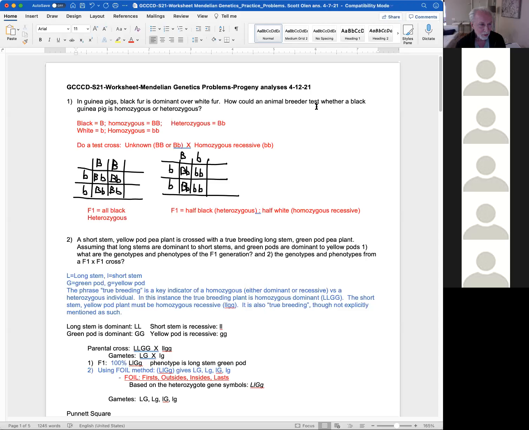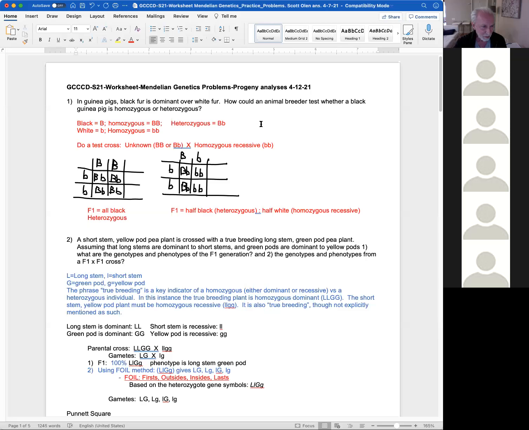So we have a known and we have an unknown. How do we know what the unknown is, or what the known is? We know that black fur is dominant over white fur. And so that means that the animal with white fur is homozygous recessive.